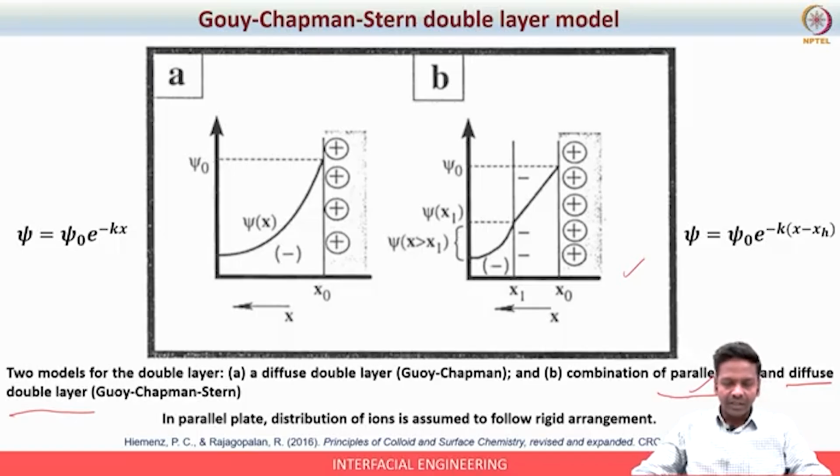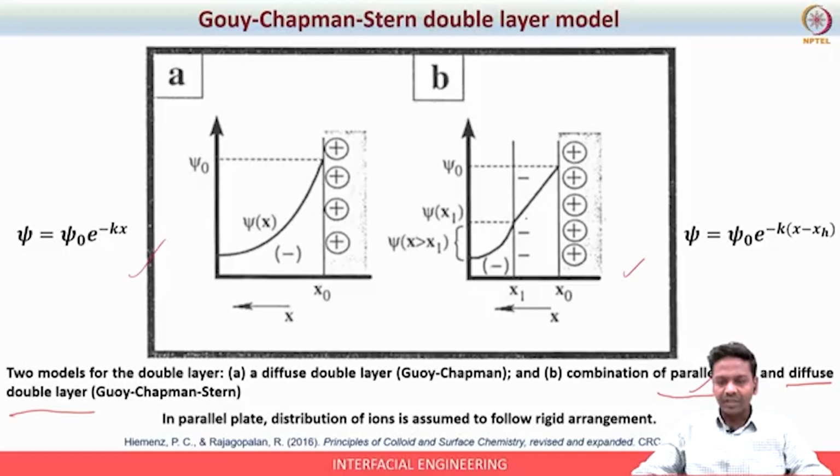Gouy-Chapman considers only the diffuse counterions, whereas the combination of Gouy-Chapman and Stern considers that there exist both strongly bound counterions right after the charged surface, followed by the diffuse layer.